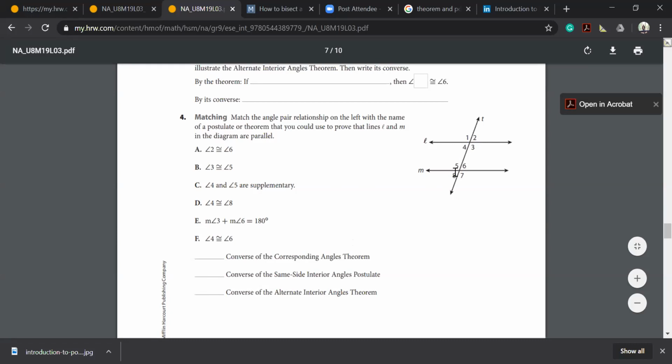Again, they are corresponding, so I'm going to write D in here. So A and D. What about measure of angle 3 plus measure of angle 6 equals 180? These two angles together are same side, so E is going to be here. And for F, 4 and 6 are congruent. Those two angles are alternate interior, so F is going to be here.